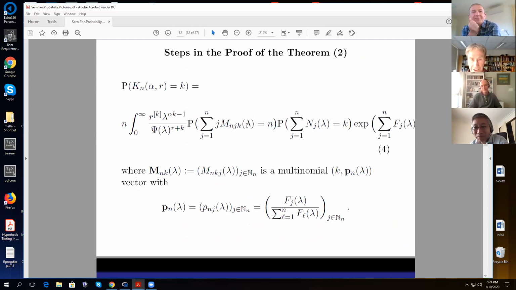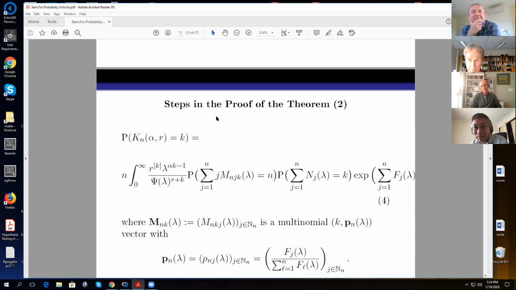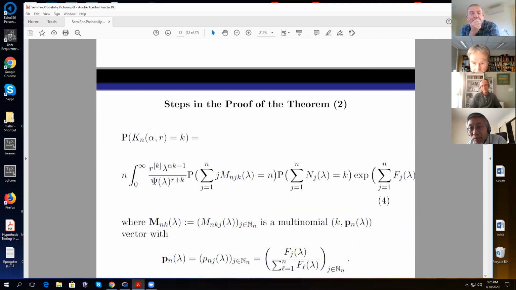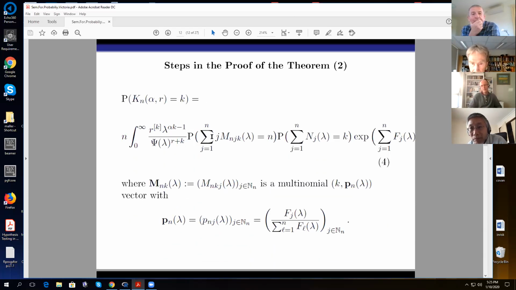So what I'm doing is stepping through this, and I have this joint Poisson probability. I want to condition on the summation of the Poissons, and that will leave me with, in fact, a multinomial. If I condition on the sum of the Poissons, I will be left with a marginal.